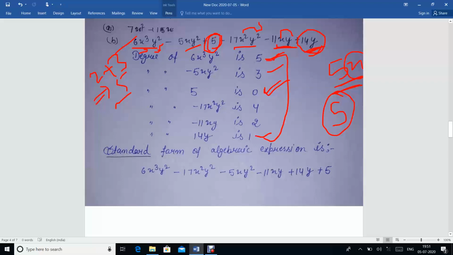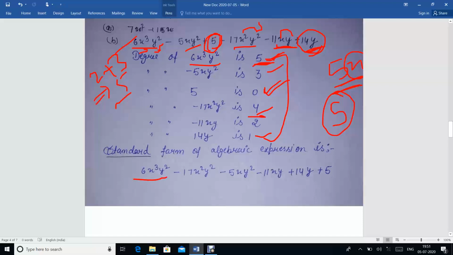You can see that 5 is the highest degree, and degree 5 is contained in the term 6x cube y square. So firstly you have to write this term, 6x cube y square. The next is 4, because 4 is less than 5.